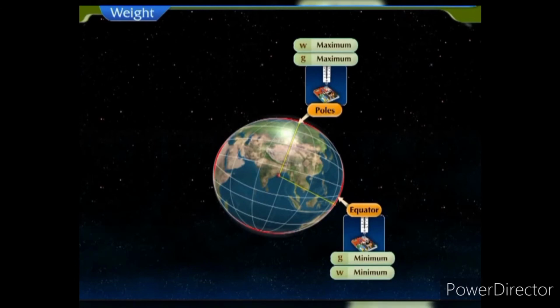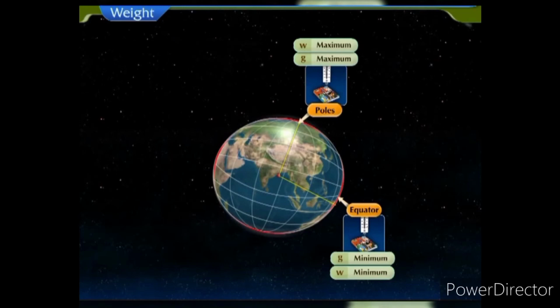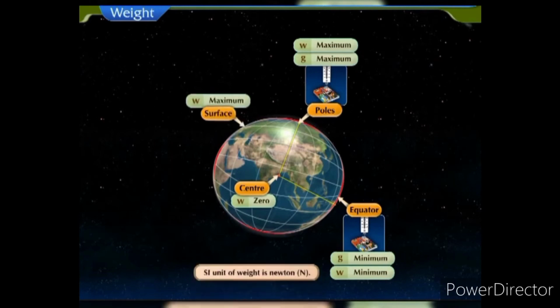The weight of the body decreases at higher altitudes such as mountains. The weight of the body is zero at the center of the earth and it is maximum on the surface of the earth. SI unit of weight is Newton, N.